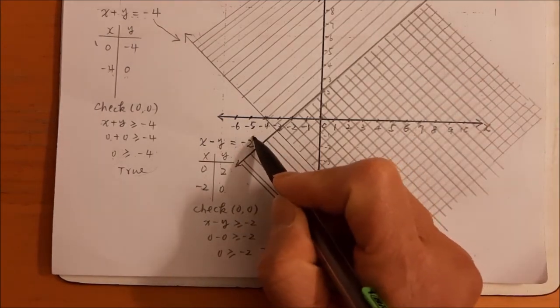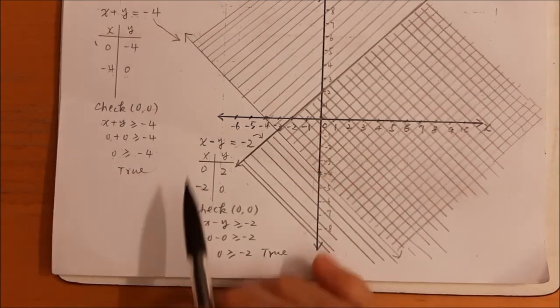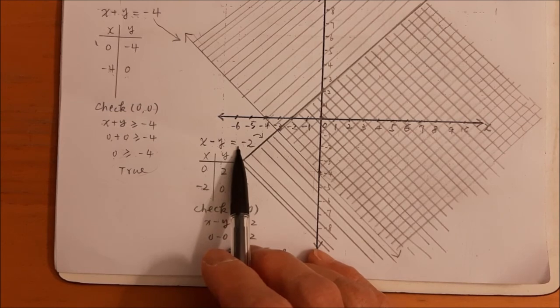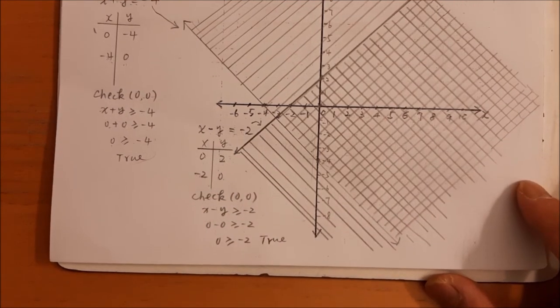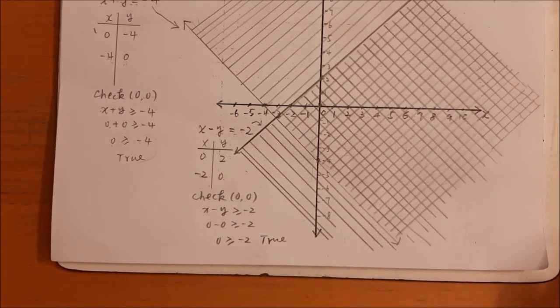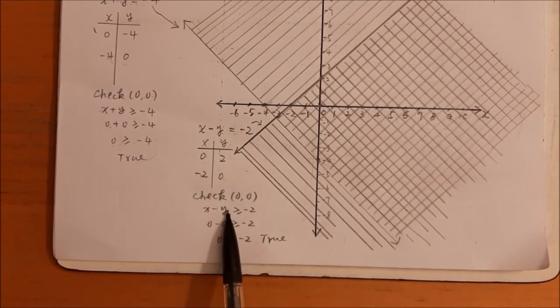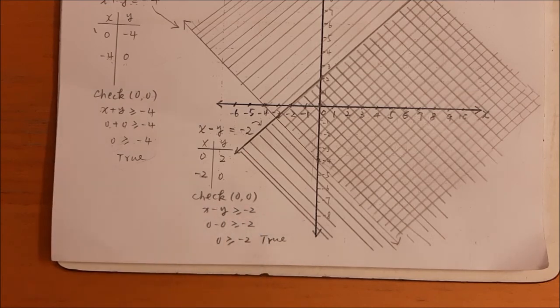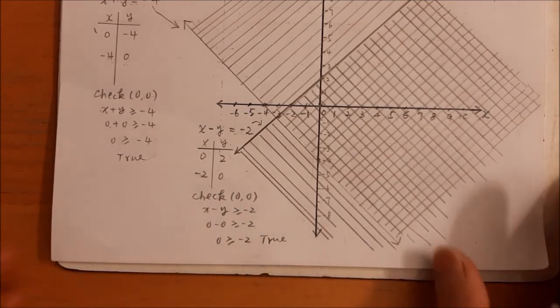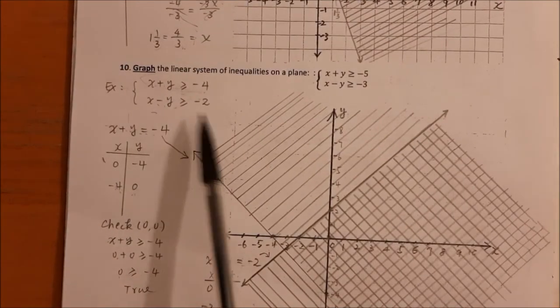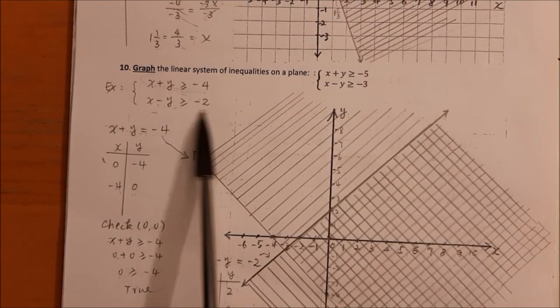This line is x minus y equals -2. And the inequality is x minus y greater than or equal to -2.